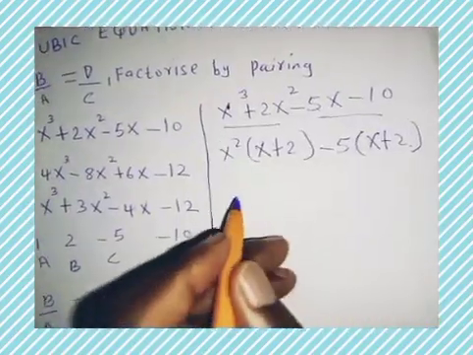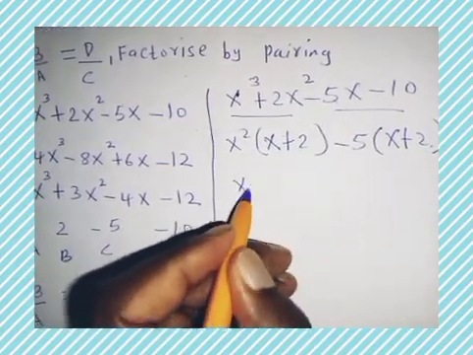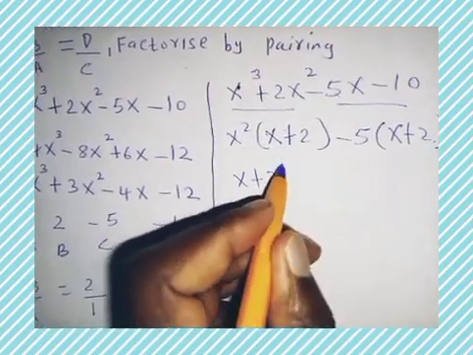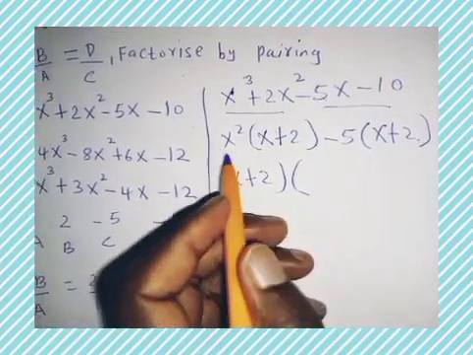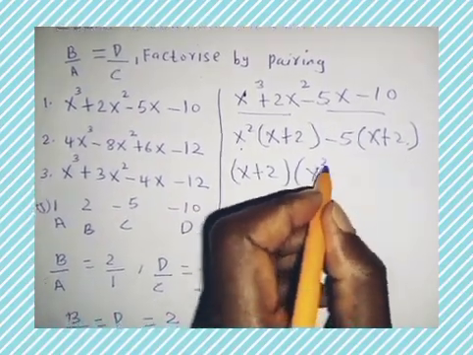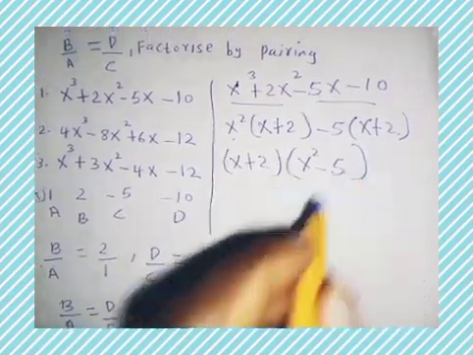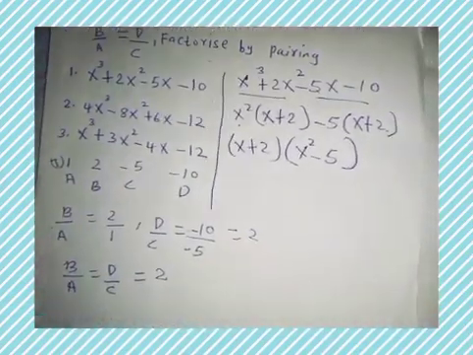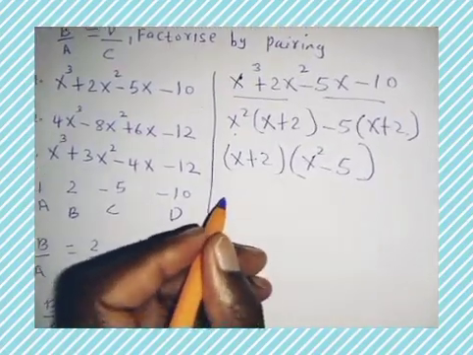So you can see now we can factor x plus 2 outside. When we factor x plus 2 outside, we are left with x squared minus 5, and those are the factors.